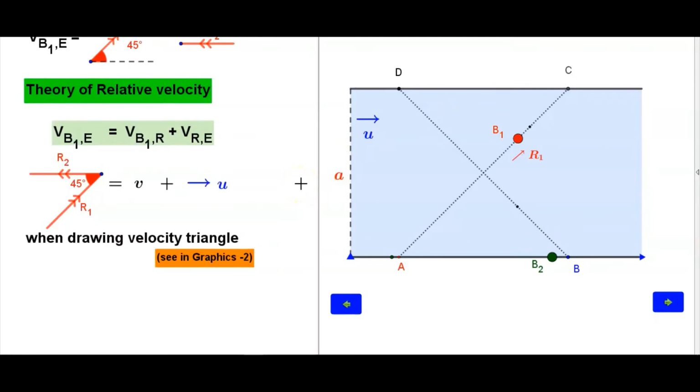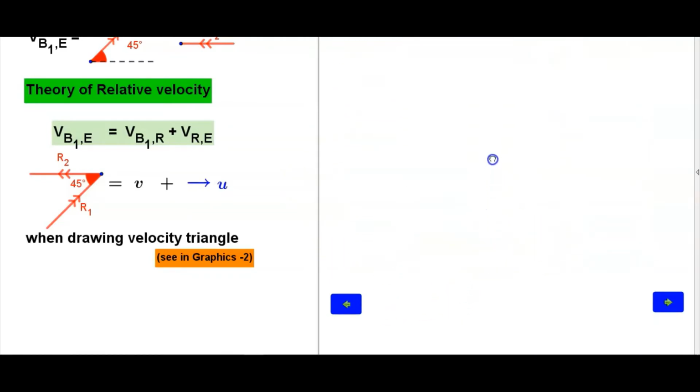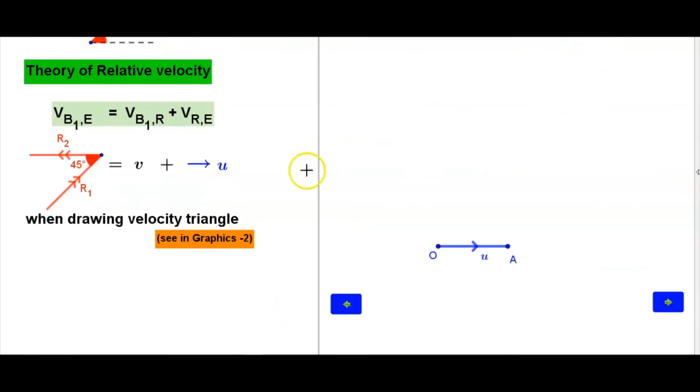Now we want to draw the velocity triangle for the motion of boat B1. Start from u, velocity u, then plus v.